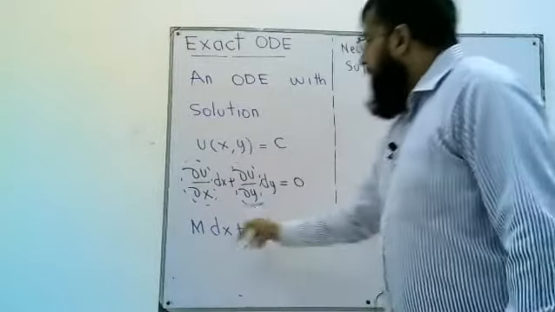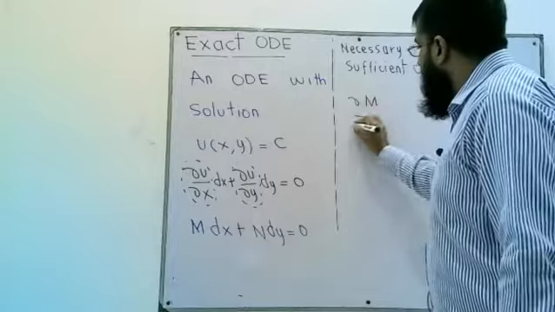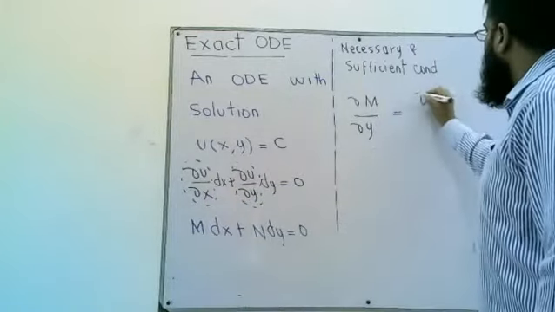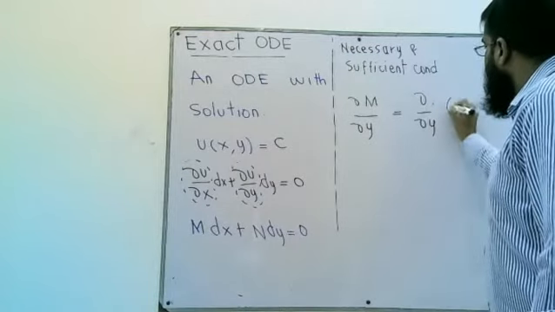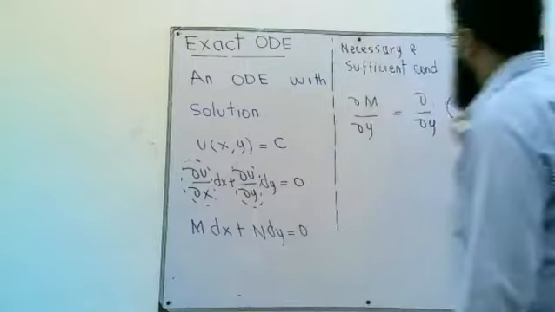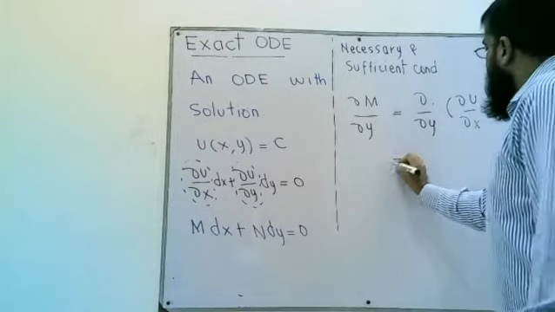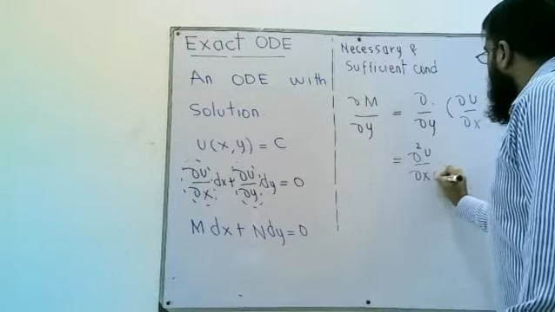Given this M, if we compute partial M over partial y, since M is partial u over partial x, that would be partial over partial y of partial u over partial x. So this becomes partial squared u over partial x partial y.